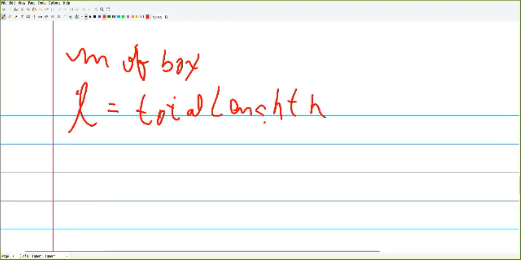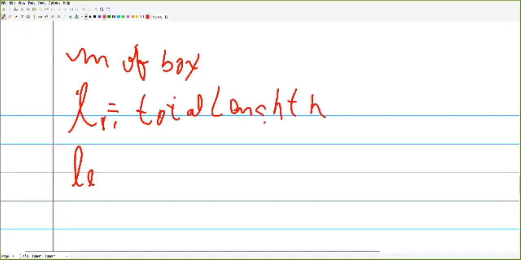And I don't know if that's how you write it. We need L total, L is the total length. No, okay, so we need L to the right of the box and L to the left of the box.